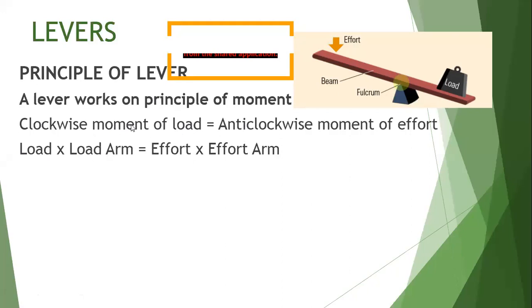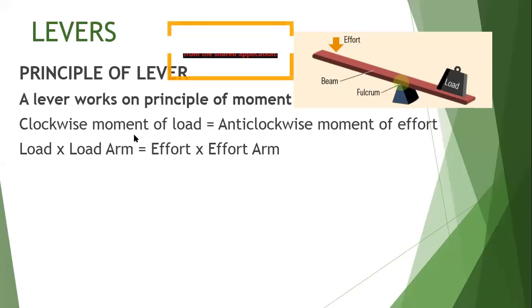So the same statement has been reframed. Since load is a force, I am using the word load for force, and the perpendicular distance from the axis of rotation is your load arm.